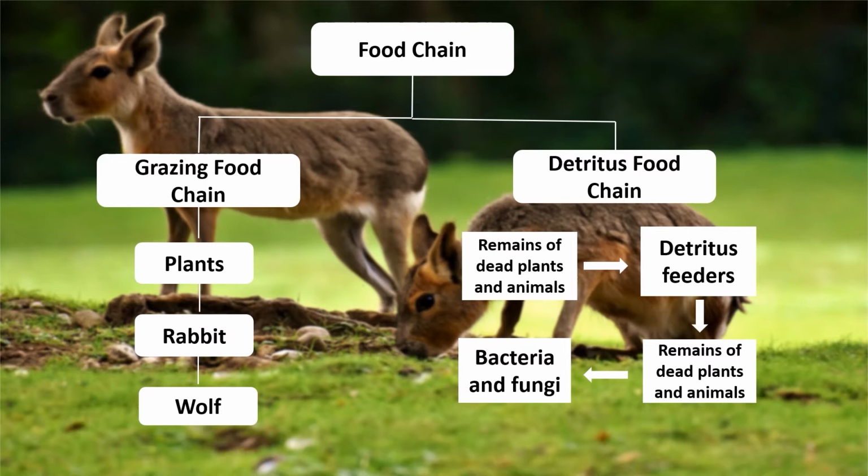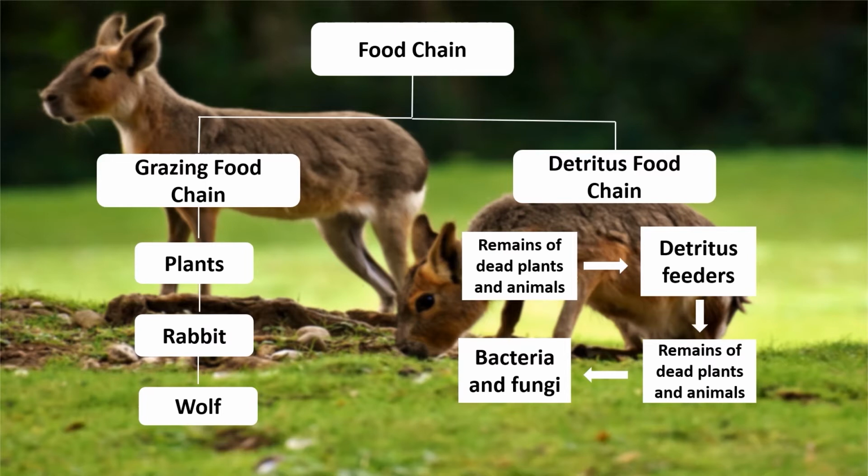So you can see here in this chart the two types of food chain. One starts with the plants. The plants are eaten by the rabbits, and the rabbit is in turn eaten by the wolf.